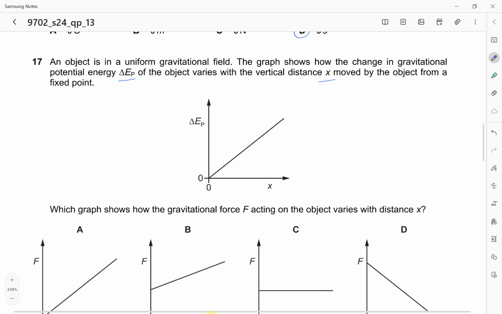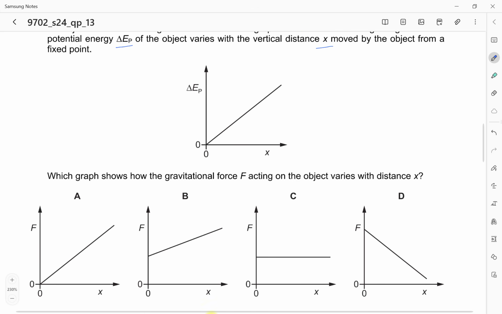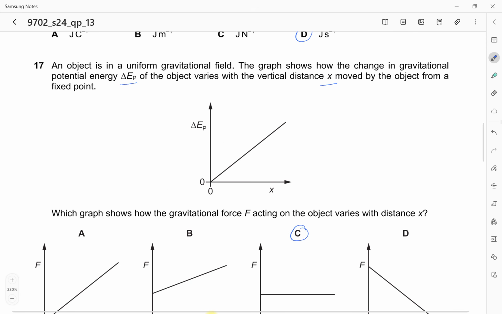Which graph shows how the gravitational force F acting on the object varies with distance x? So of course, here the answer is simply going to be C without even hesitation, because the gravitational force depends on the mass of the Earth, not the mass of this object here.